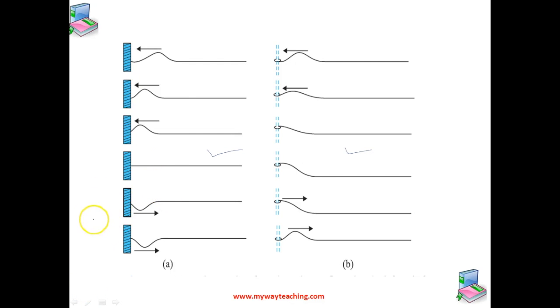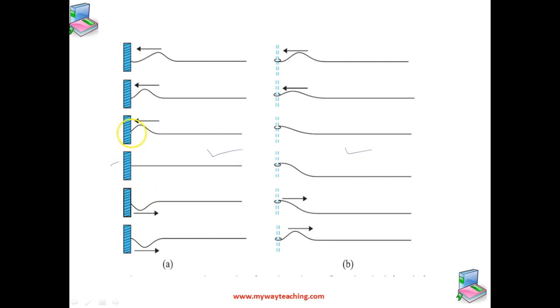So in figure A, you can see the pulse traveling along a stretched string and being reflected from that boundary. Assuming that there is no absorption of energy by this boundary or wall, the reflected wave has the same shape as the incident pulse, but it suffers a phase change of pi.